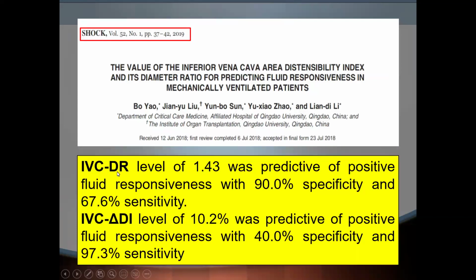The IVC diameter alone, a fixed number of 1.43 centimeter, predicts positive fluid responsiveness with 90% specificity and 67% sensitivity. While if we use the delta distensibility index variation between inspiration and expiration as a predictive value, it has 40% specificity and 97% sensitivity.